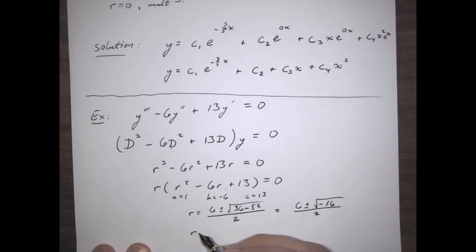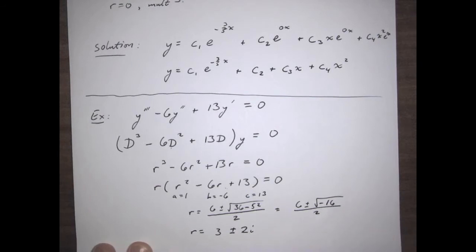So that gives us an r of 3 plus or minus 4i divided by 2, which is going to be 2i.